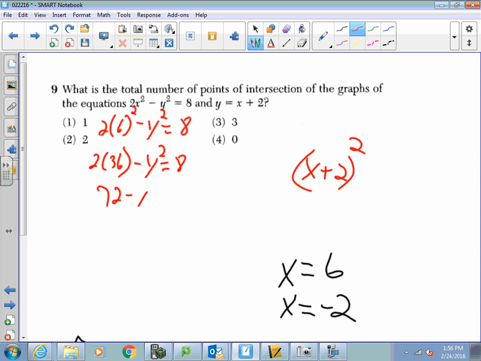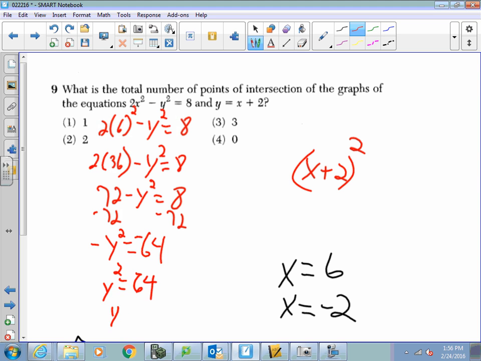Then you end up with 72 minus y squared is equal to 8. So I'm going to subtract 72, I'm going to get negative y squared is equal to negative 64, right? When they're both negative, you can really just cancel those out and have y squared is equal to 64, and y is equal to 8. And it's also equal to negative 8, but that one is not going to be relevant in this case, because when we plug in this 6 here, we get y is equal to 8.